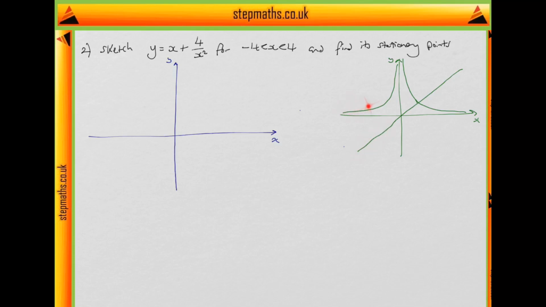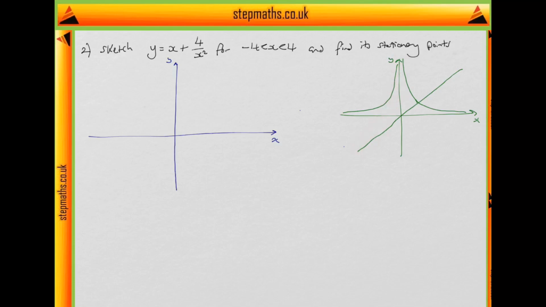And then as x gets closer and closer to 0, the 4 over x squared contribution gets larger and larger, and the x contribution gets smaller. So we tend away from y equals x and tend towards y equals 4 over x squared.